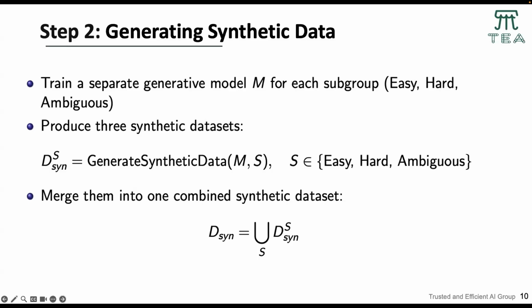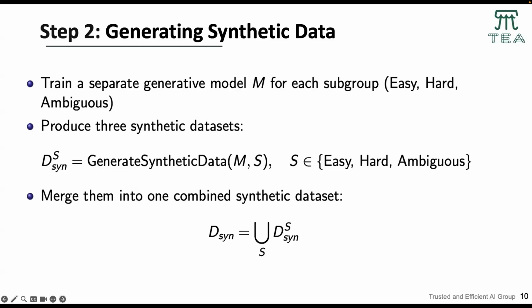The reason for this separation is to prevent a phenomenon they call distribution pollution. It basically means that if you mix everything together, the generator might overfit to the easy samples and ignore the harder cases.